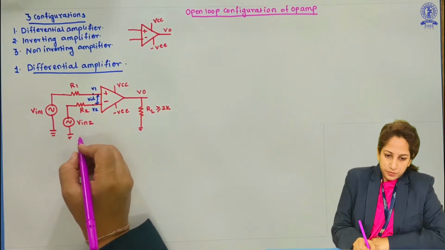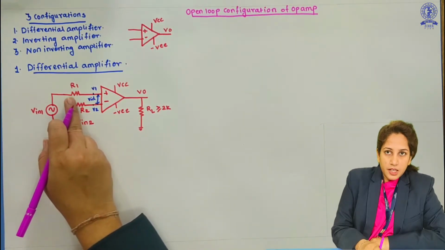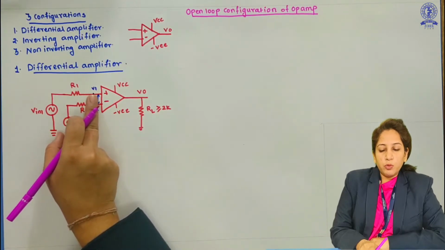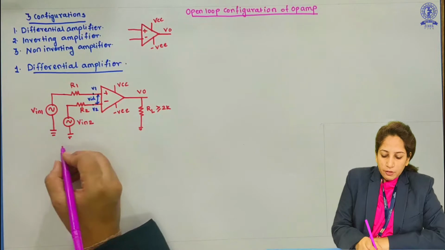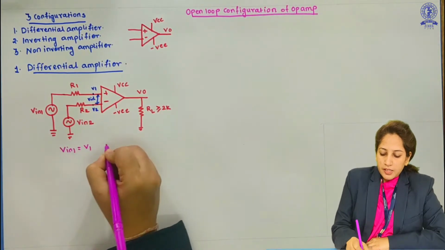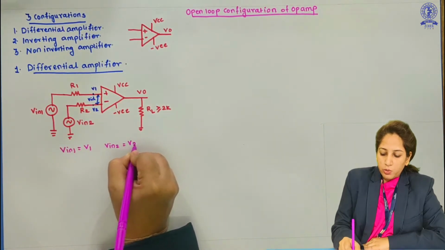Now, as I have told you, R1 is negligible, so whatever Vin I apply is equal to V1, because there will be a very negligible voltage drop across it. So I will consider Vin1 equal to V1, and similarly Vin2 equal to V2.